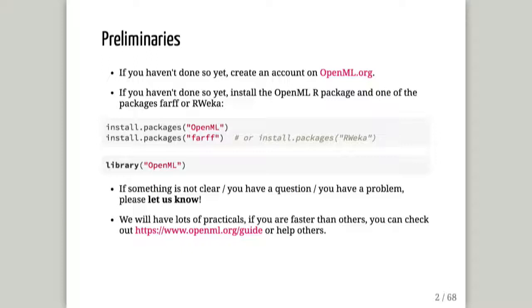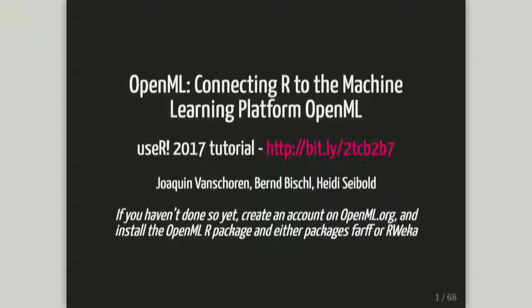If you have any problem during the tutorial that's not related to the network, you can ask one of us with these post-its. You can either put them on your head or somewhere you can see it. And then we will come and help you. The tutorial is available there. We'll also put a link on the homepage of OpenML and also in the useR guidelines.